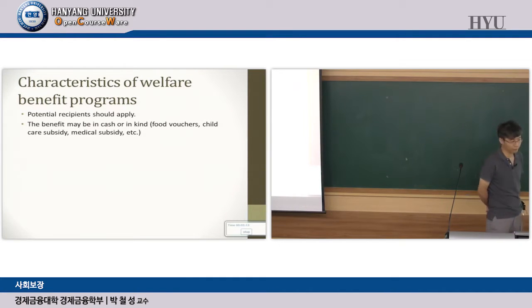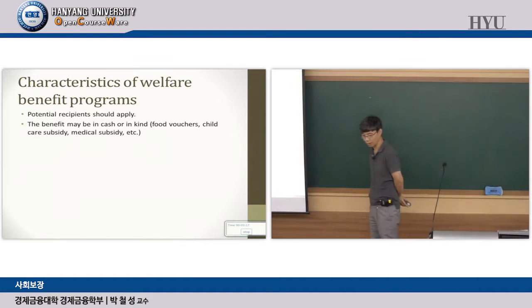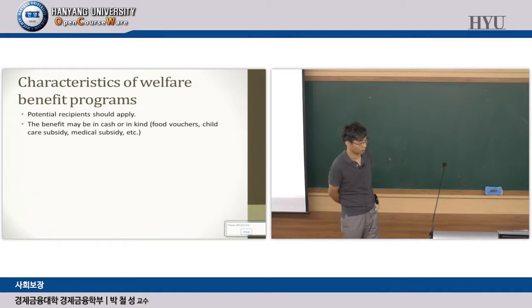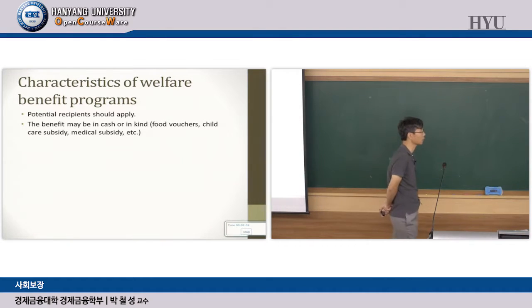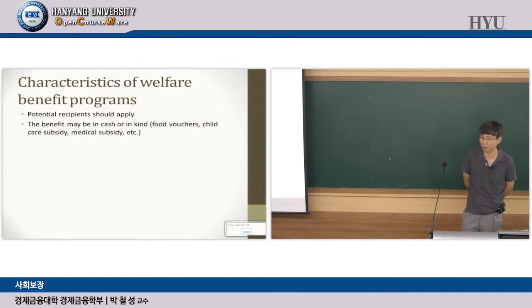The benefit is given usually to poor households or individuals. It may be in cash or in kind. Cash benefit is pretty common, but there may also be in-kind benefits. For example, some countries give food vouchers that can be used to purchase some food items.